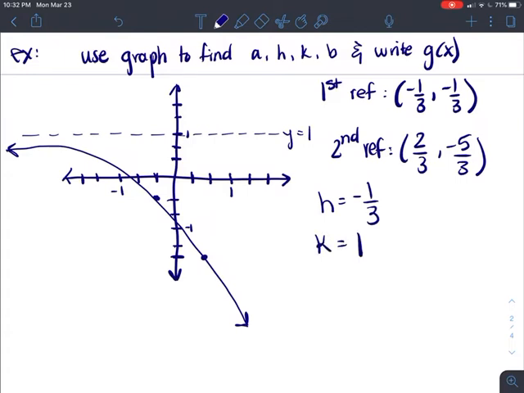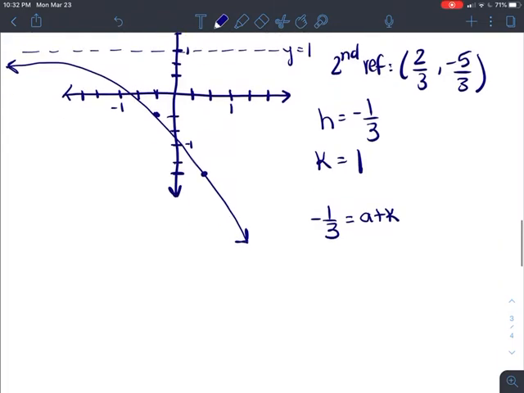And I can go in and use the equations to figure this out. So I'm going to use the fact that negative 1/3 from my first reference point is equal to a plus k. Since I know my k, I can use this to find my a. So I'm going to say negative 1/3 equals a plus 1, since they told me that my asymptote is 1.